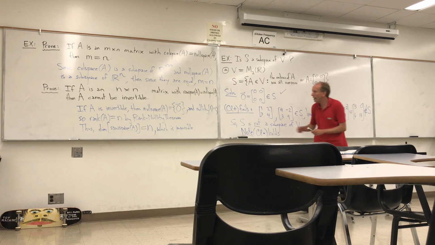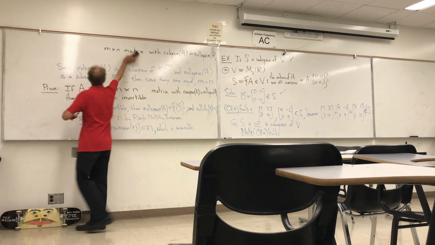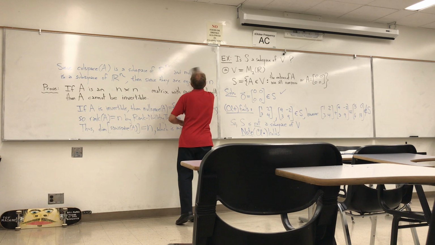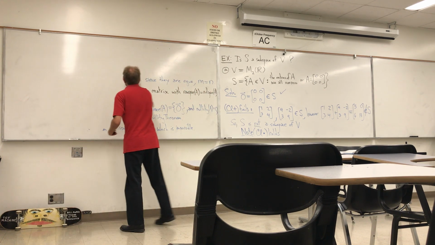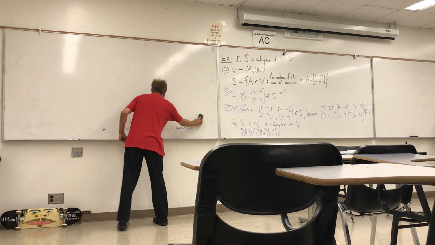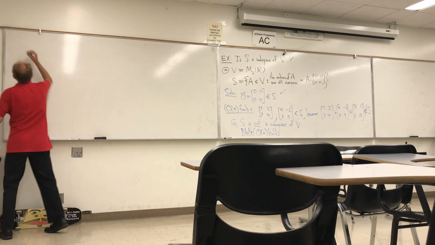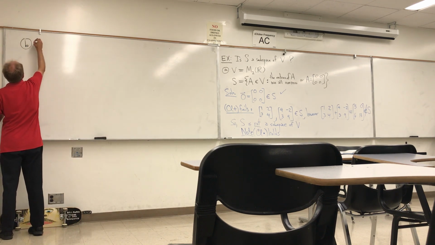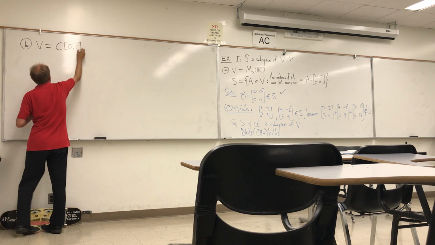All right, let's try another example. Come back over here. Let's do a part B. Okay, so for part B, I'm going to take V to be C of [0, 1].